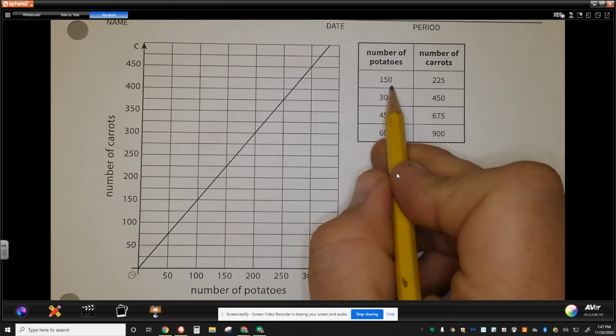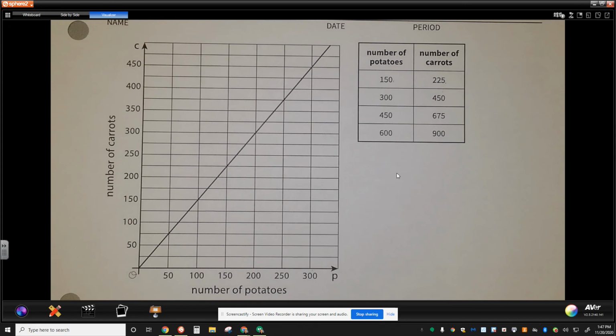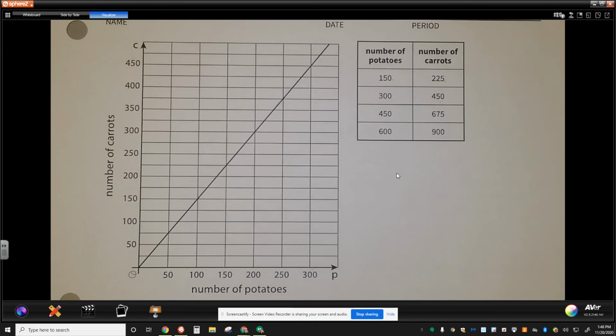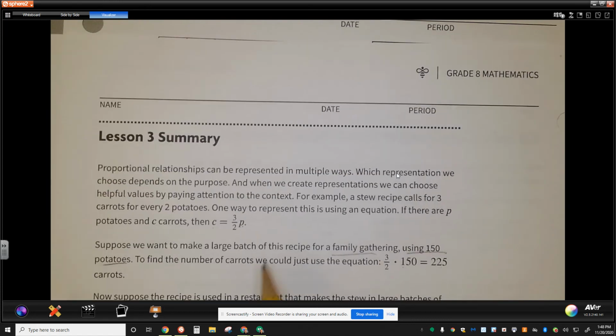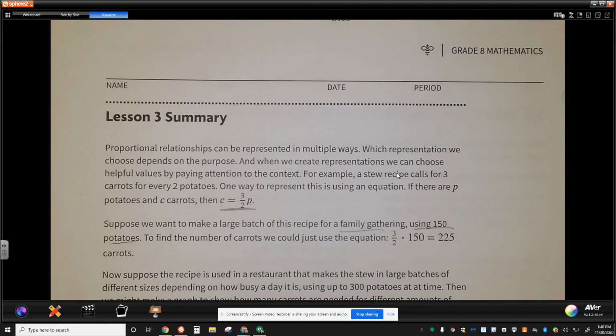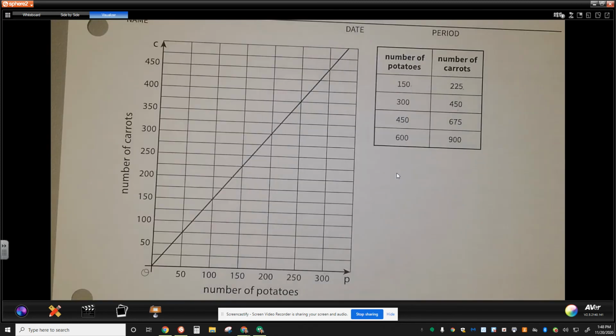We could see likewise over here, they're saying, okay, if I have 150 potatoes, then I need 225 carrots, 300 potatoes, 450 carrots, and so on and so forth. These representations, again, all depend on the purpose. These might be posters that are on the wall, and this might be something that the bookkeeper keeps track of to know exactly how much money is being spent on carrots and potatoes in that restaurant. So different representations for different purposes.